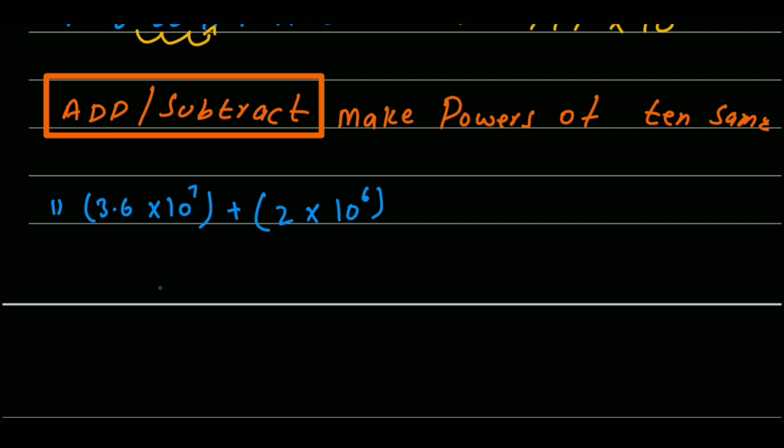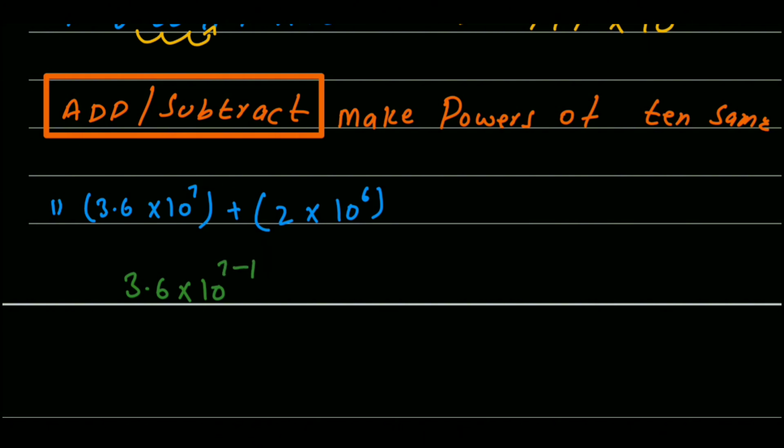So if we are making 7 as 6, it means 3.6 multiply 10 raised to power 7, minus 1.